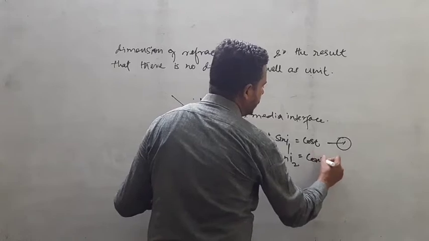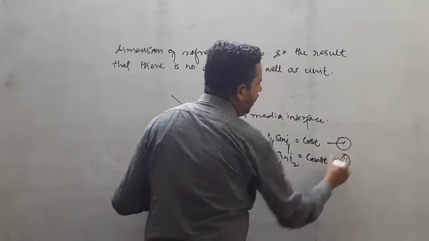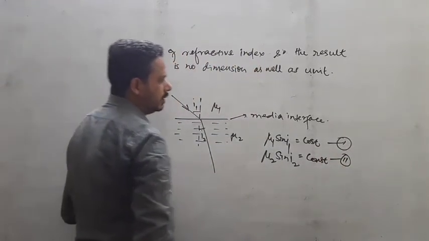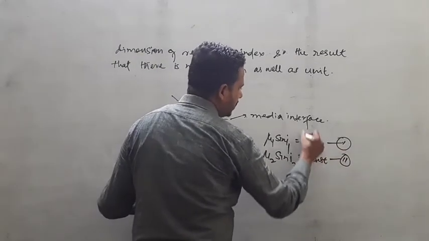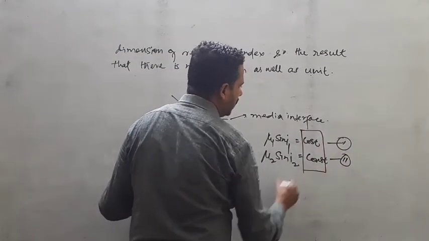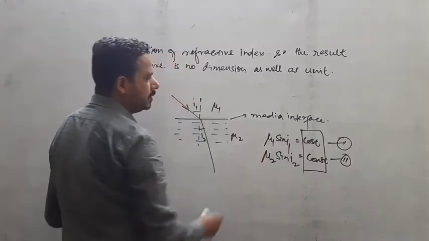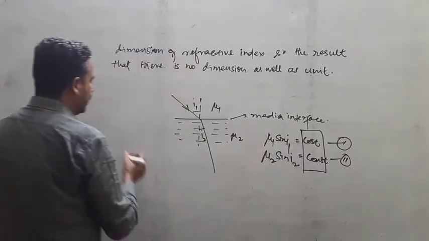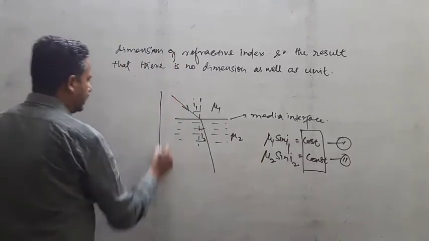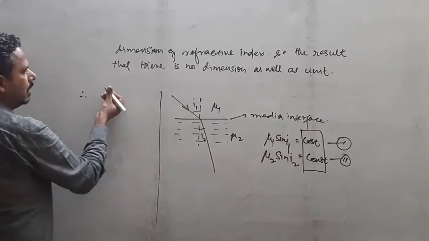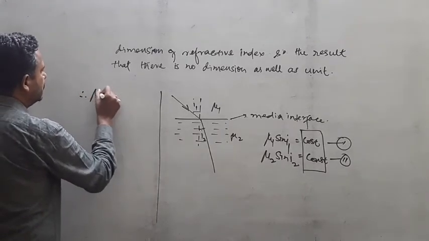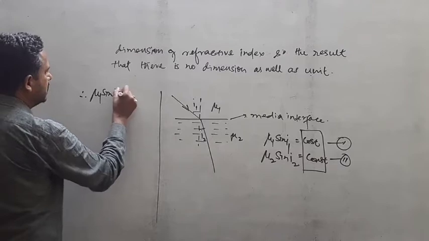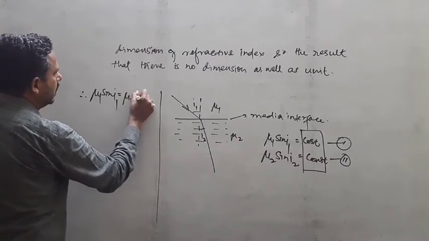Using this relation, both are constant, so this one is equal to this one. Therefore mu1 sine I1 is equal to mu2 sine I2.